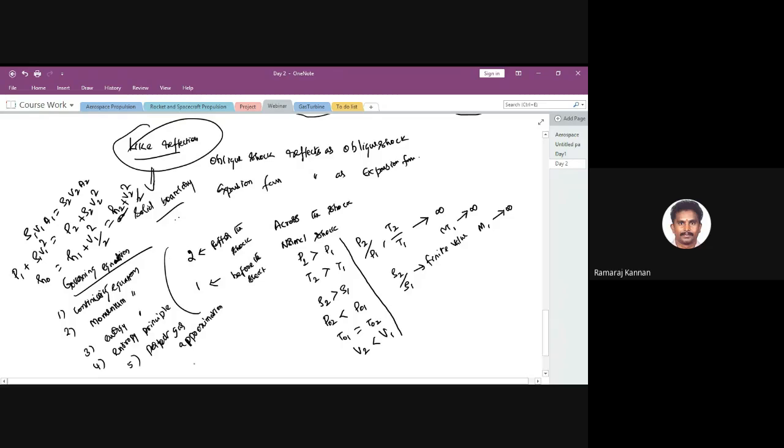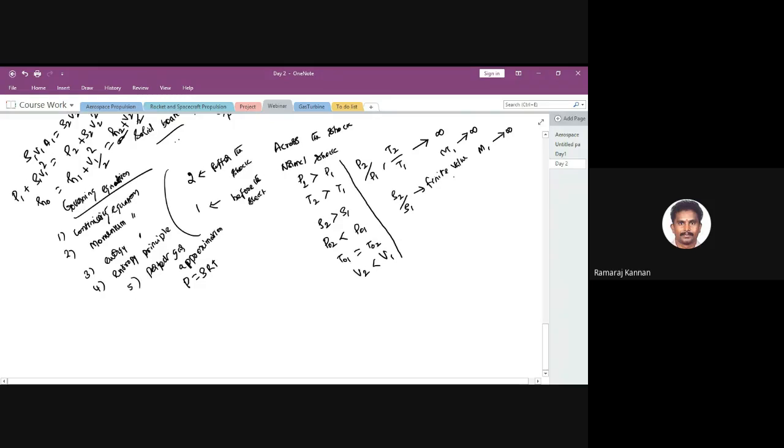Your perfect gas relation is P is equal to rho RT. Certainly they will ask why, so go and take your gas dynamics by Radhakrishnan or any other compressible flow book. They might have given a reason why your rho 2 by rho 1 changes to a finite value when M1 tends to infinity.